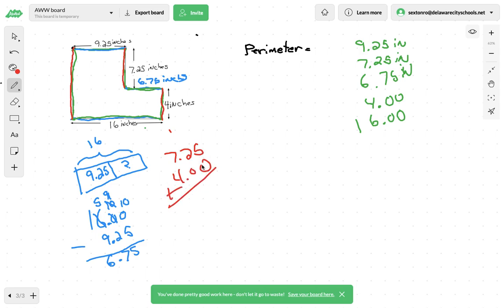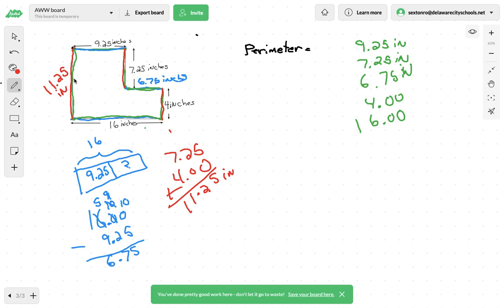So 5 hundredths plus 0 hundredths is 5 hundredths. 2 tenths plus 0 tenths is 2 tenths. 7 wholes plus 4 wholes, that's going to be 11. Does that sound right? Yeah, 11. 11 inches. So that means that for these to be what they are, they have to add up over here to 11.25 inches.